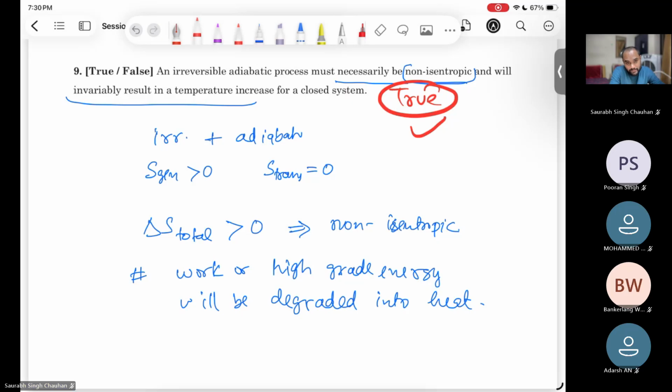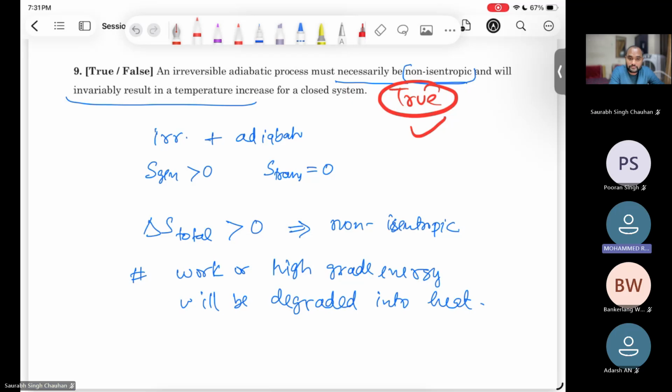But reversibility or irreversibility is independent of your boundaries, right? You can have perfectly insulated boundaries of your system, but irreversibilities can be there.